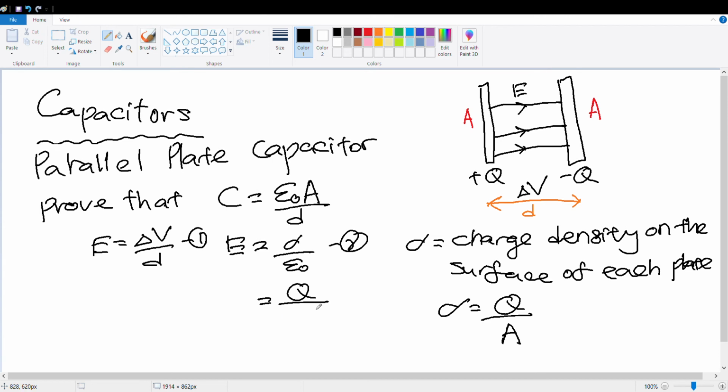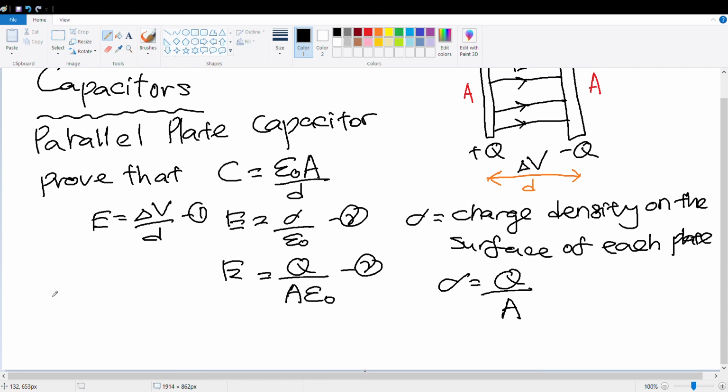So this is Q over A, and this is epsilon naught, and this one is our second piece of information. Equating both formulas, 1 is equal to 2. So this is the potential difference divided by the plate separation equals Q over A epsilon naught.